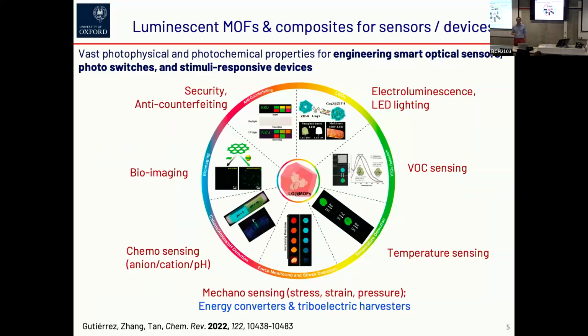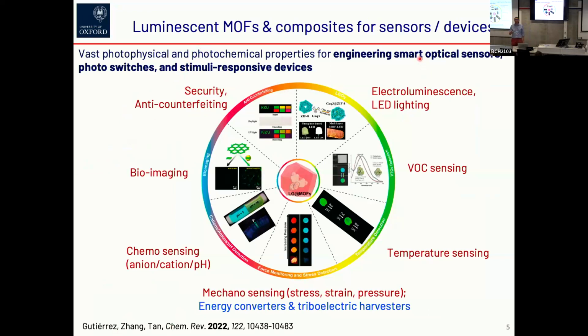Now, in my group, we have been working for a few years now on luminescent MOFs. So the framework itself is benign, which is non-luminescent. But when we capture or confine a luminescent guest, which is like a fluorophore, they become luminescent and could be used for all kinds of applications like this, which we summarized in the recent review.